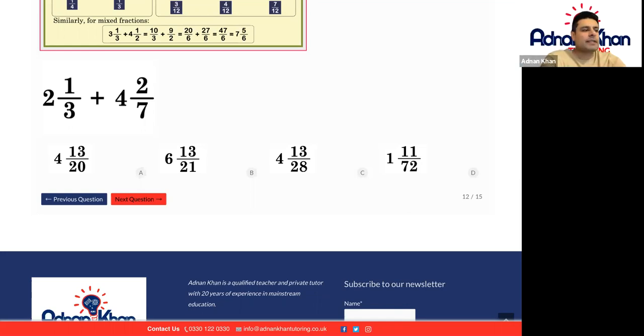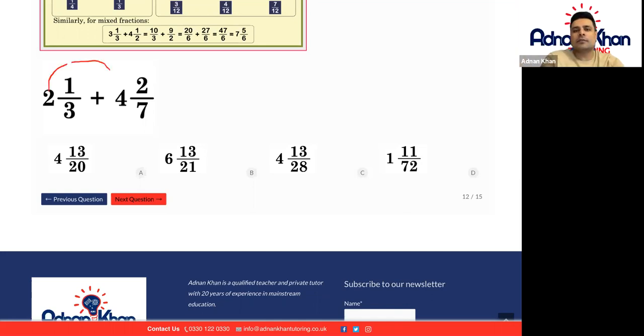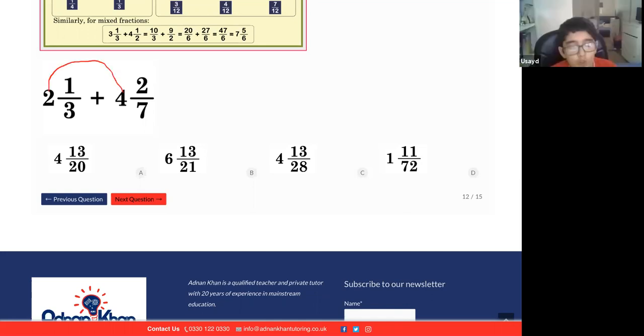Okay, and everybody else, please listen out to these ones, all right? Because this mixed fraction is slightly different, but it's actually easier than you might think it is. So first thing, what did you do? You added these two together? Yes. And the common denominator between 3 and 7 is 21. 1 times 7 is 7. 3 times 2 is 6. If you add them together, it's 13.